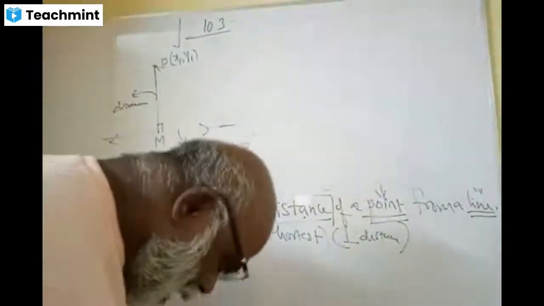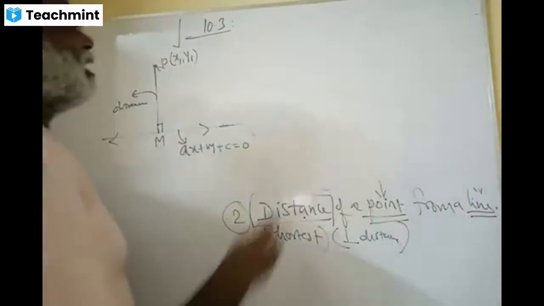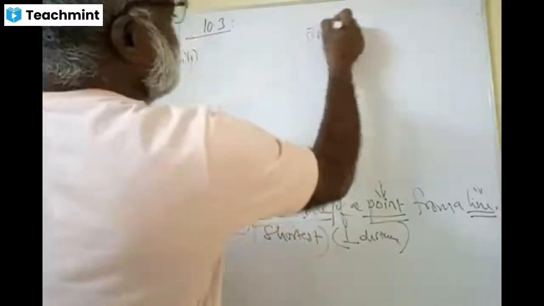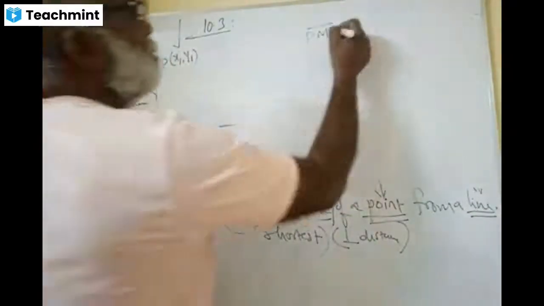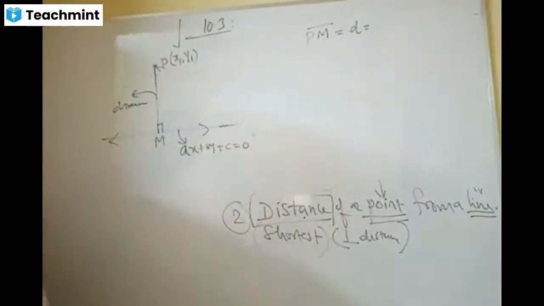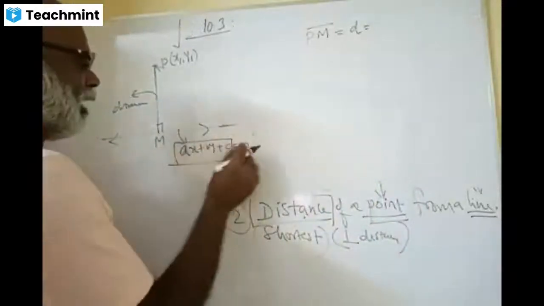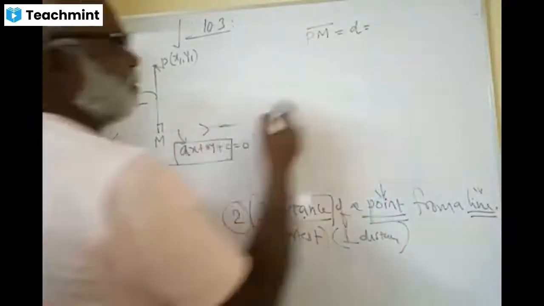So friends, here, distance of a point from a line. The distance PM is the distance, or simply you can write distance D. Write this first: the line ax plus by plus c.